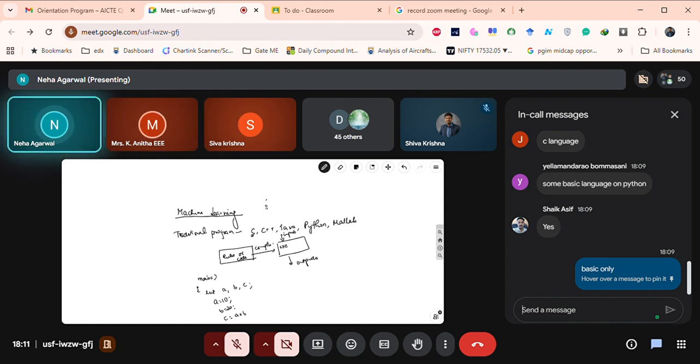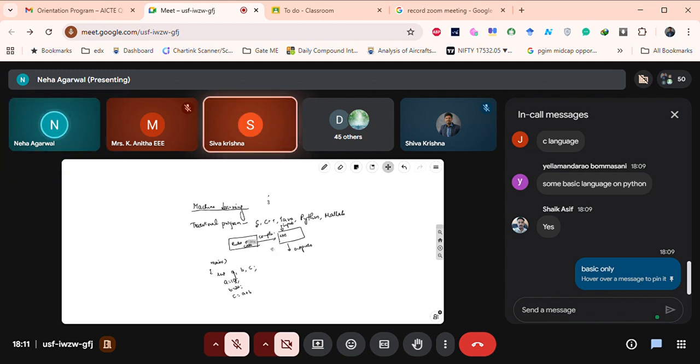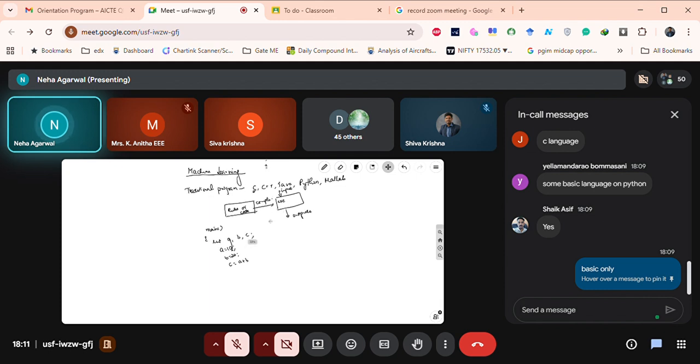After that, I will be using a printf statement, and I will be printing what is going to be in c, that is going to be the answer. Okay.